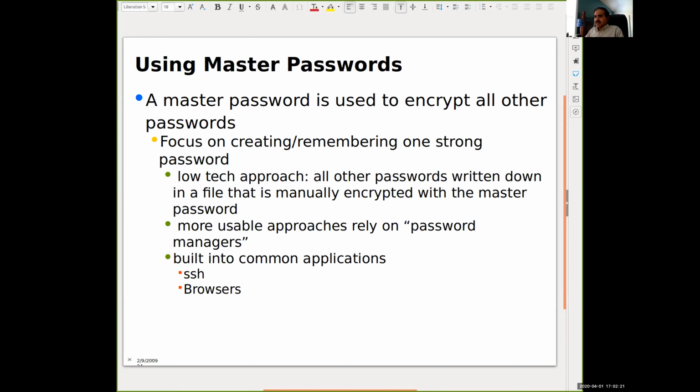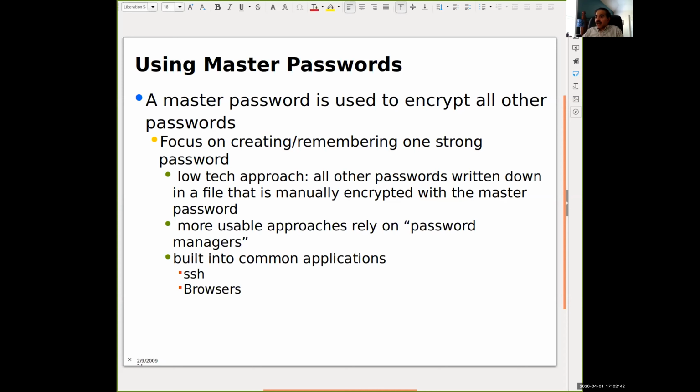So the best approach is to use a random number generator for generating your passwords, and then use the master password to encrypt and store this random password, okay?